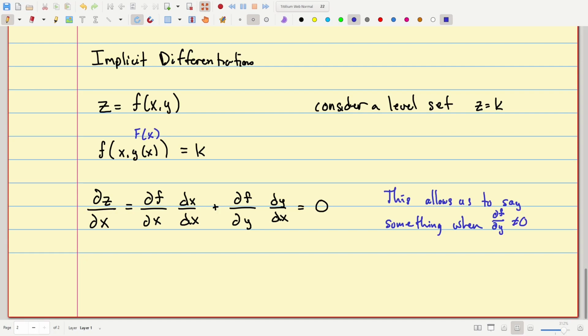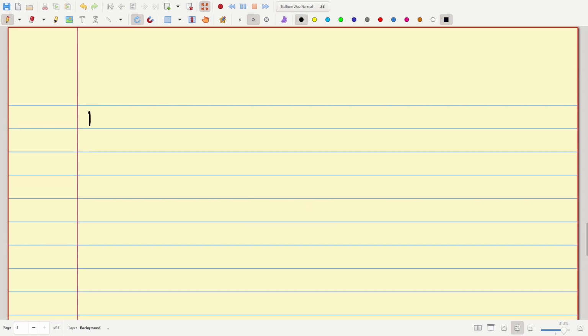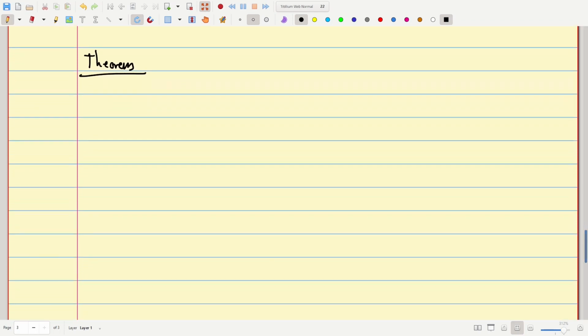We have a theorem that has to do with implicit differentiation.